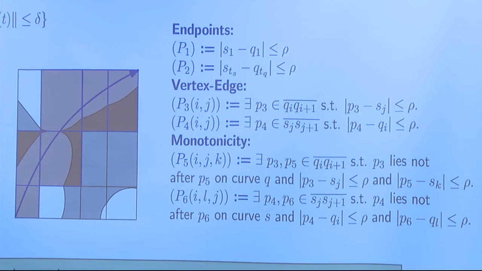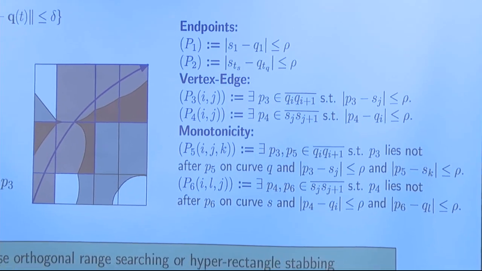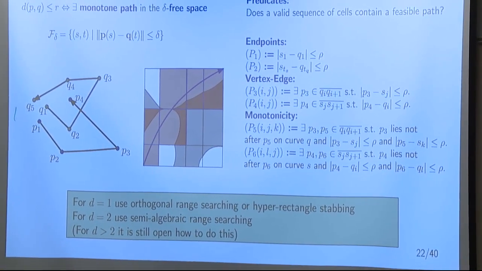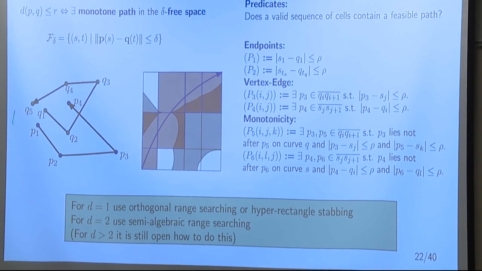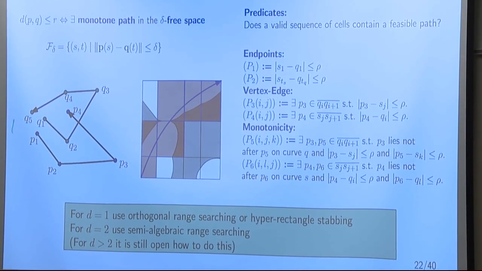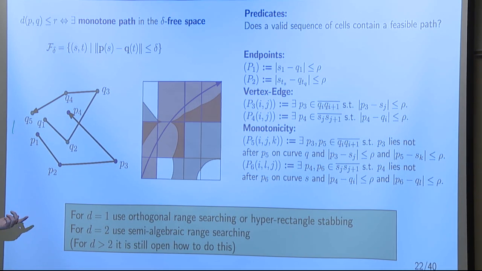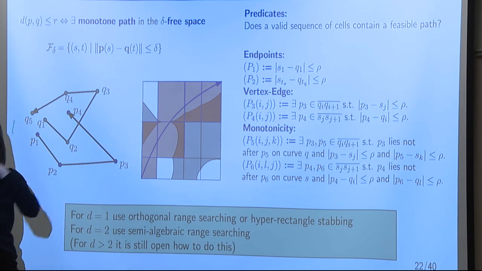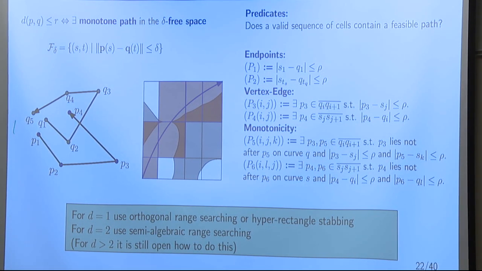For d equals 1, we can turn these into orthogonal ranges, or we can look at the dual problem and solve it with hyperrectangle stabbing, which gives us a better dependency on the input complexity, or query complexity. If we look at the dual, then we can get better complexity in one of the two parameters.